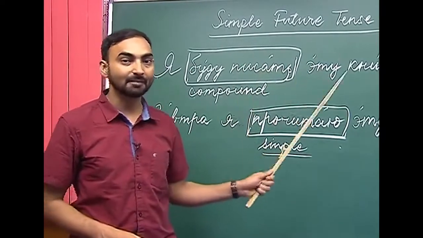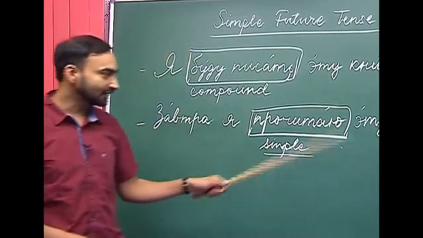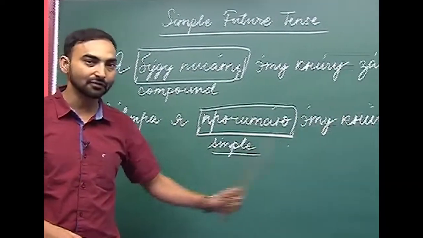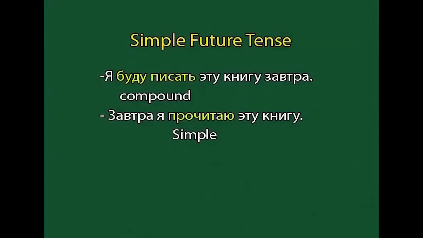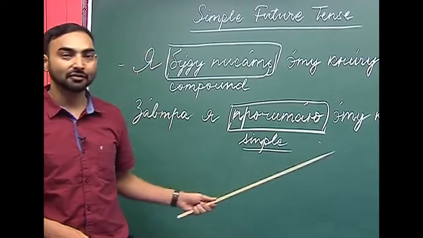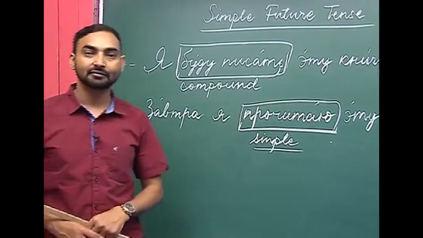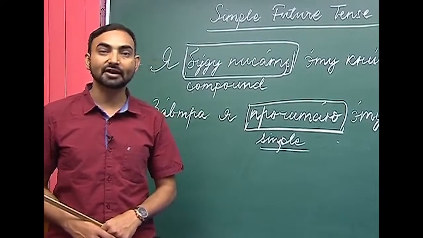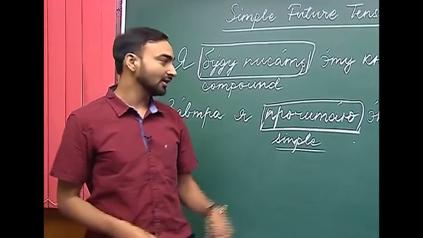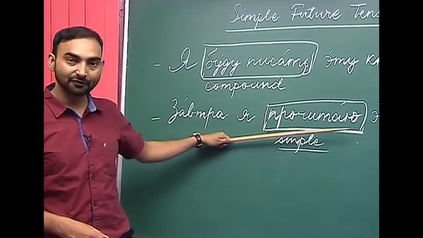And if you translate the other sentence, завтра я прочитаю эту книгу, it will be translated as कल मैं यह किताब पढ़ लूँगा. So, here I am saying padhunga and here pad lunga. So, in the second sentence we are telling the audience about the completion of an action. Pad lunga denotes the completion. So, that is why we are using the perfective aspect.